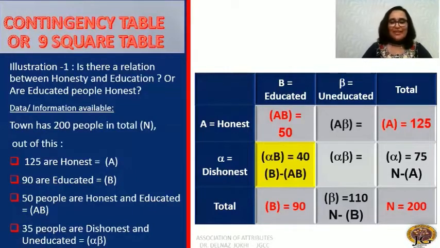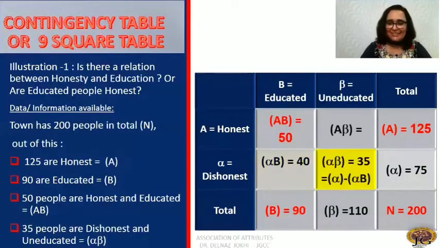I'm sure you're understanding. Let's see one more calculation of how to find out missing frequencies of your contingency table. All right, 35. How did this come? Alpha beta is equal to 35. How did you get that?